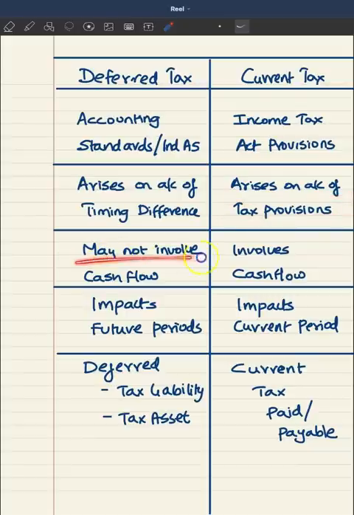And deferred tax may not involve cash flow immediately, because it is basically an accounting entry made to give you the fair position of the picture, whereas current tax will involve cash flow as long as the current tax is paid. Number 4, deferred tax is going to have impact on the future period. Yes, the deferred tax liability created in the current year will get reversed in the future.